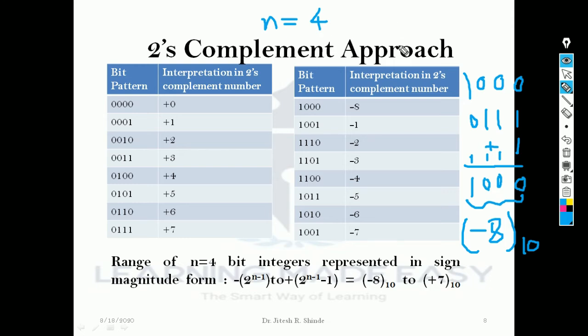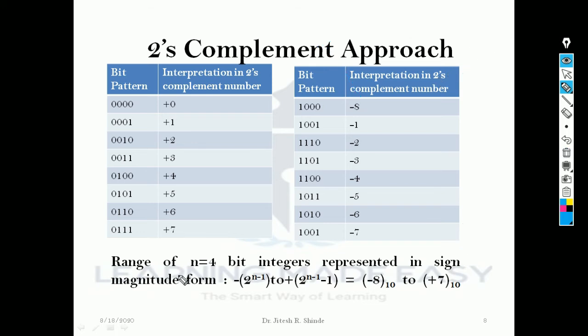If we want to include plus 8 in this approach, then the number of bits required will be n equal to 5. It has been arbitrarily decided that minus 8 representation should be included in the n equal to 4 representation scheme using 2's complement approach.